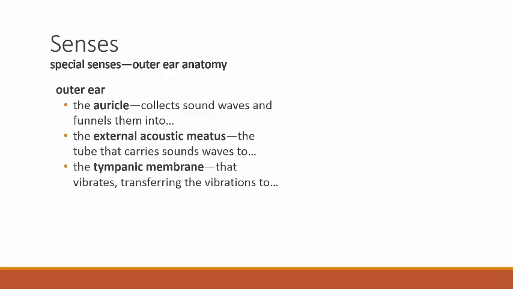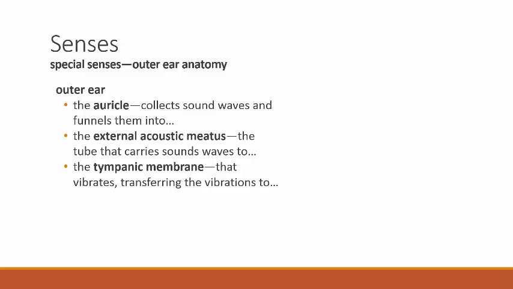The shape of the auricle helps to collect sound waves, and we know this because if you put a hand behind an ear, in a sense enlarging that funnel of the auricle, you'll find that you can actually collect more sound.